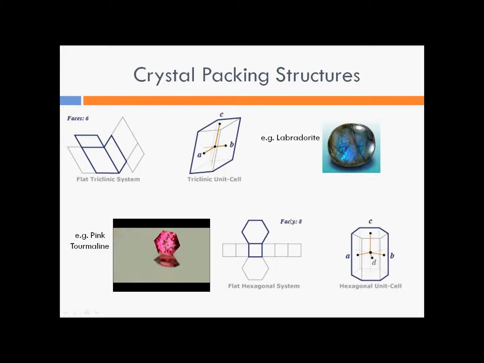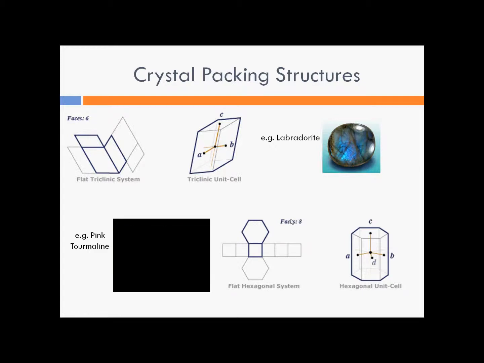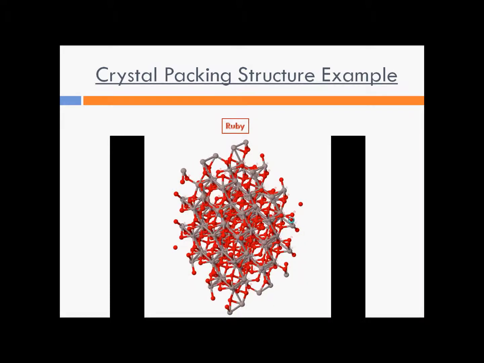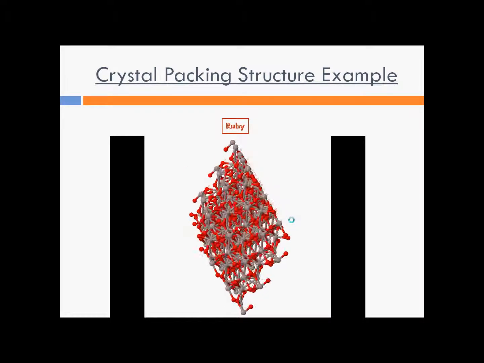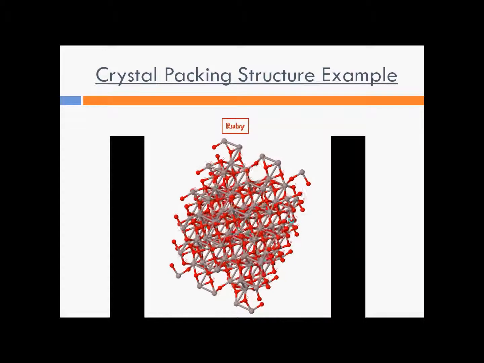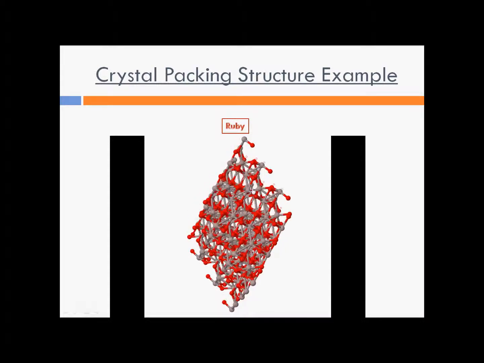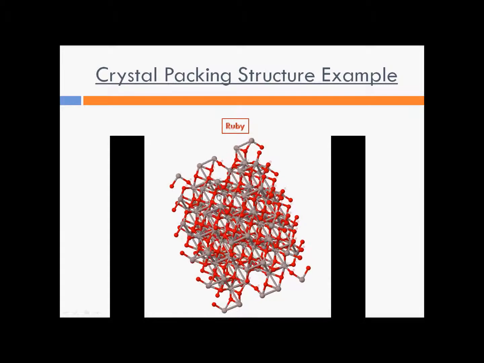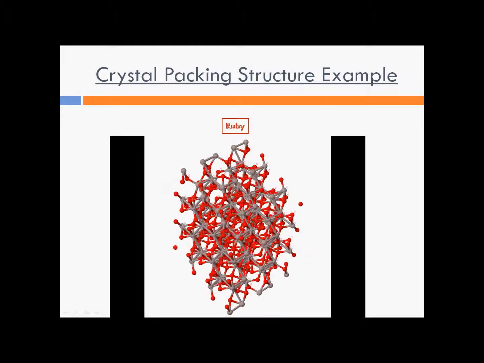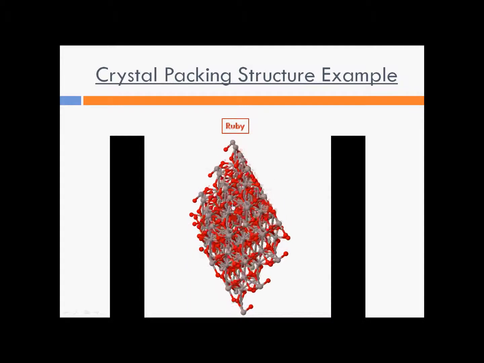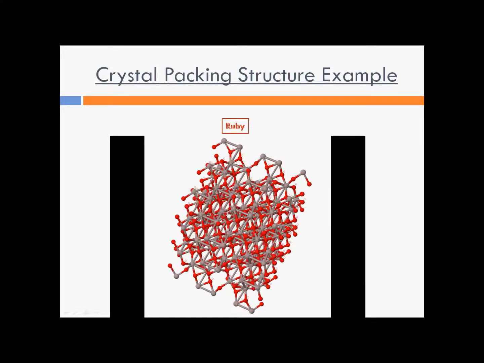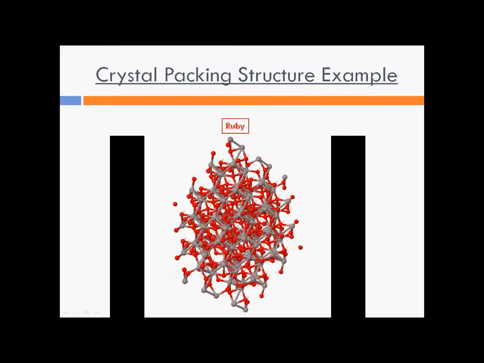All these structures contain holes that could be filled with specific impurities according to their shape and structure. In this 3D diagram, you can see the structure of a ruby. Ruby contains holes between the elements that produce it, which could be filled with other elements, so these elements could reflect other light than the light that the ruby itself can emit.